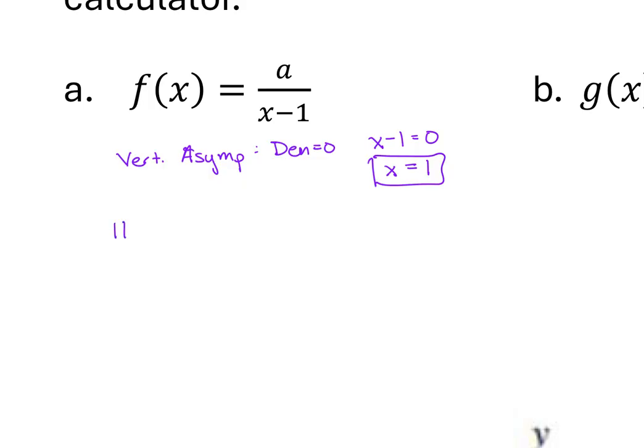For my horizontal asymptote, we want to divide the leading terms.